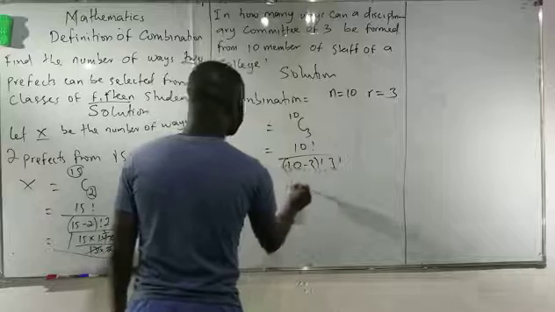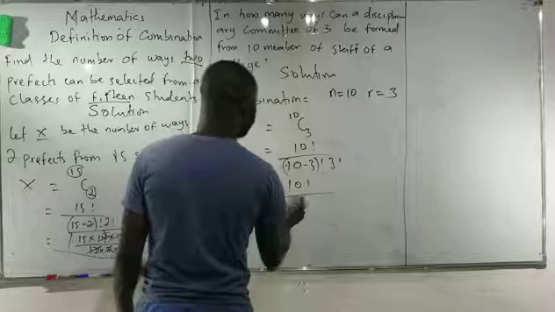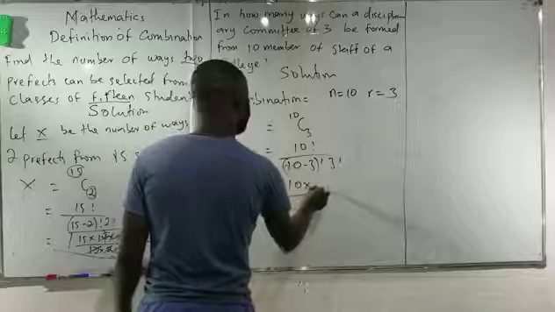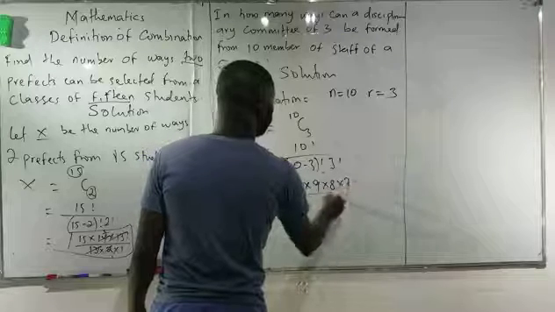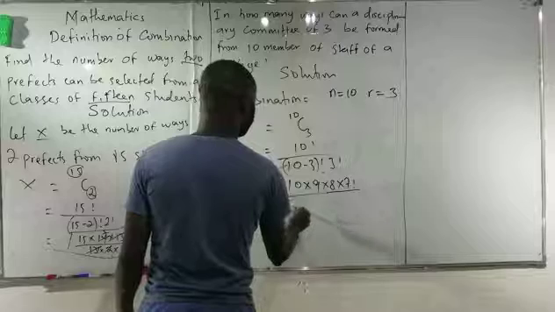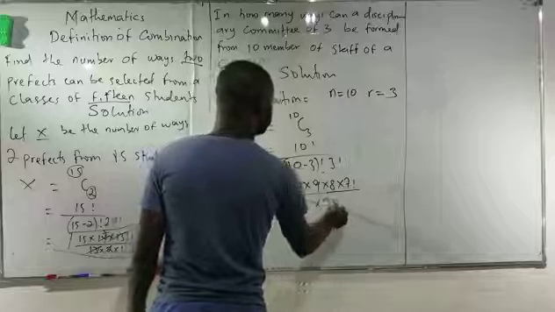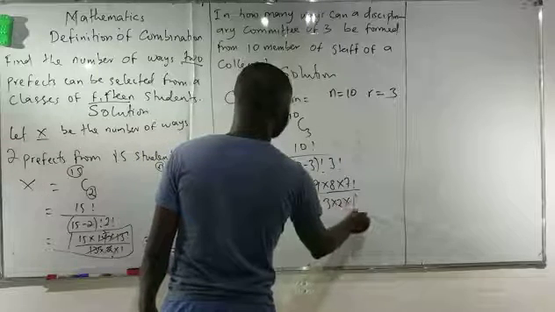By doing this, I will have 10 times 9 times 8 times 7 factorial over 7 factorial multiplied by 3 times 2 times 1.